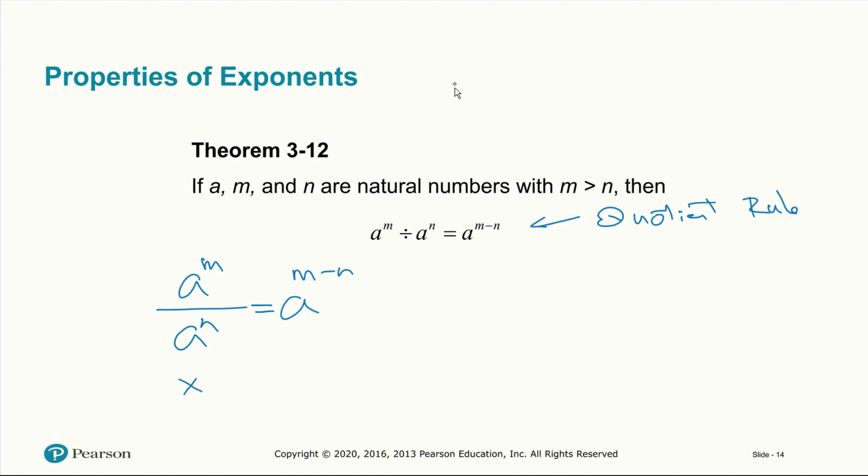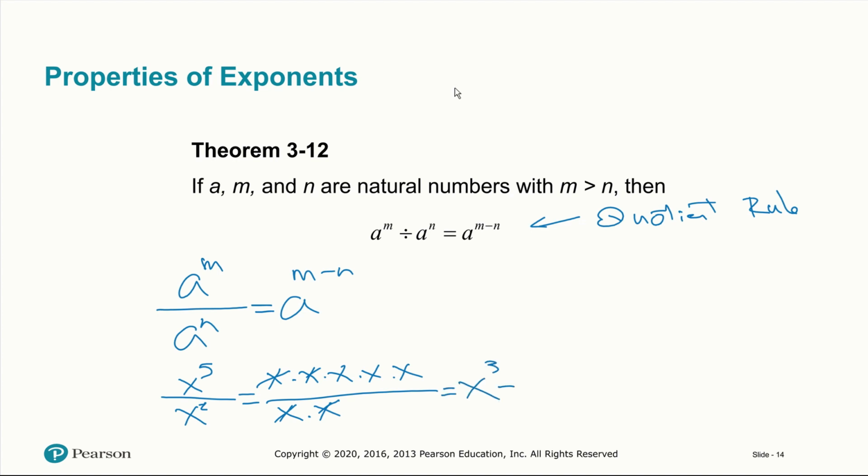Like if you have x to the 5 over x squared, notice that there are 5 factors of x being multiplied on the top and 2 factors multiplied on the bottom, then 2 of those factors on the top will cancel the 2 on the bottom, leaving just ones, right? And so we end up with x cubed.